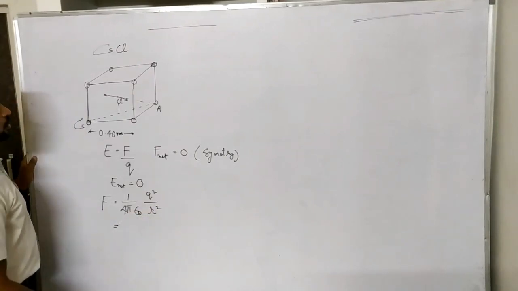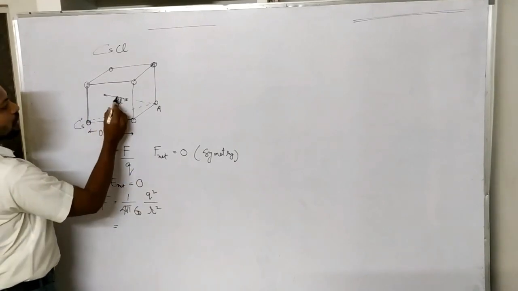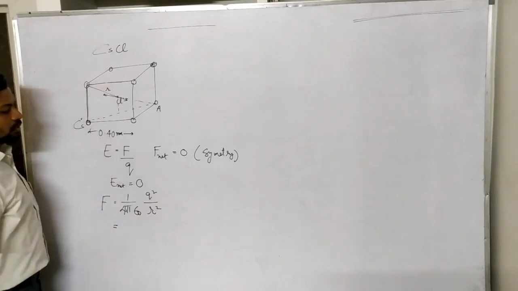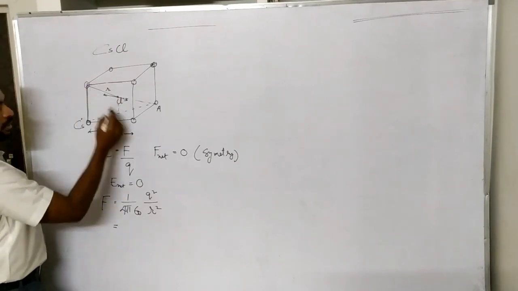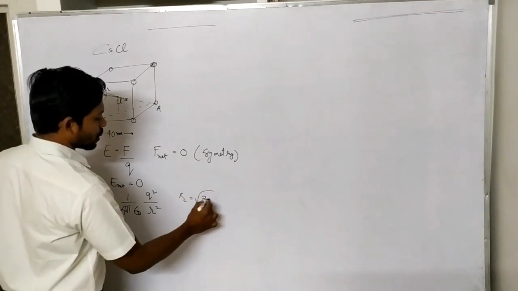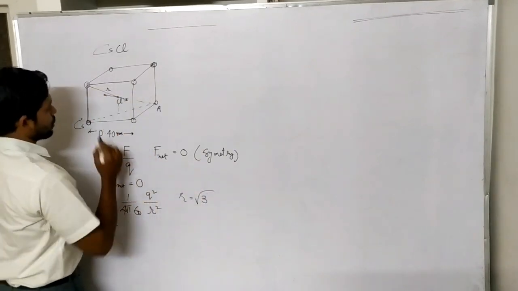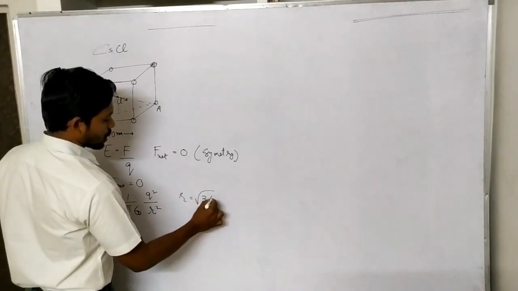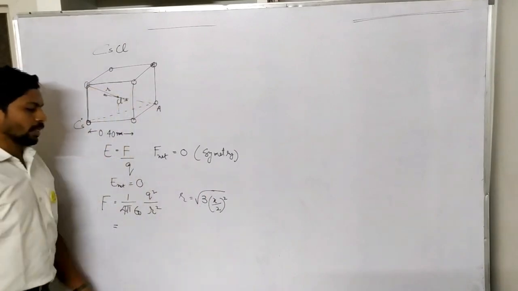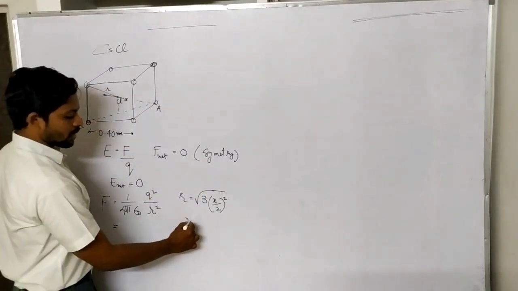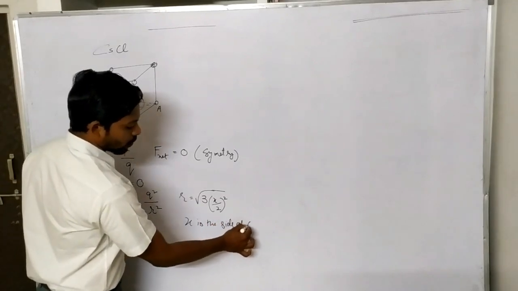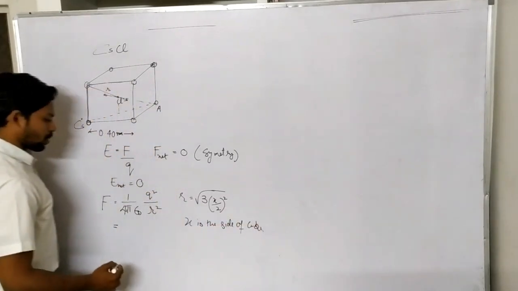So we have to find out the distance between the chlorine and this atom, that is, this r value. So in a cube, this is given by the formula r is equal to root over 3 into x by 2 whole square, where x is the side of the cube.